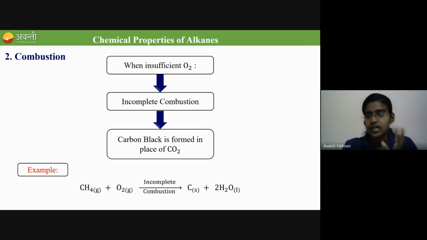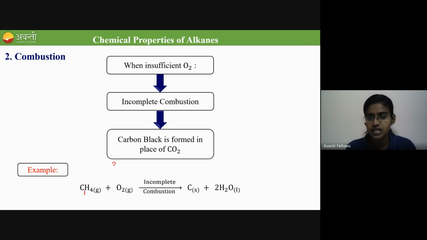We are taking methane, and methane is reacting with oxygen. Now you see it is incomplete combustion. How do they tell that it is incomplete combustion? In the previous slide I showed you that for methane the n value is 1, right? Then how many moles of oxygen are required if n is equal to 1?